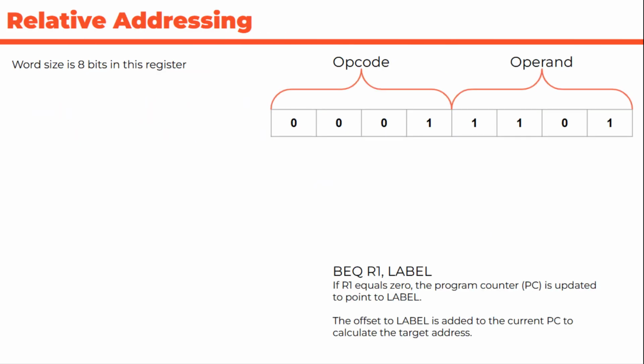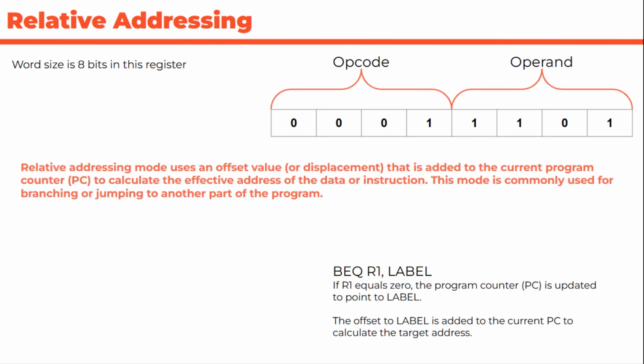Now, I think it might be important if I do cover relative addressing anyway, if OCR are going to try and pull the rug from under us here on these kinds of questions. So, relative addressing uses an opcode and operand like normal, but the key here is all about the offset value.